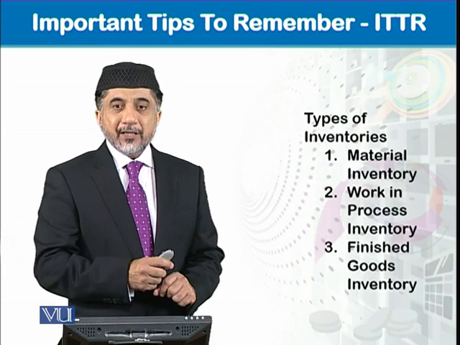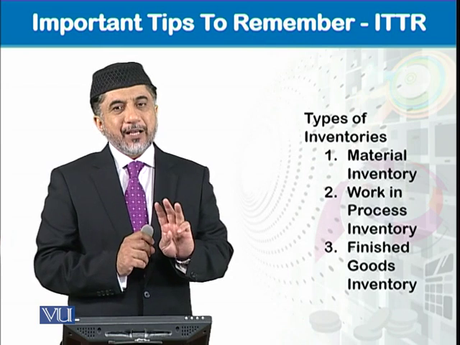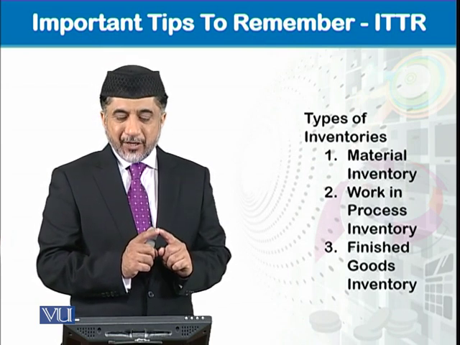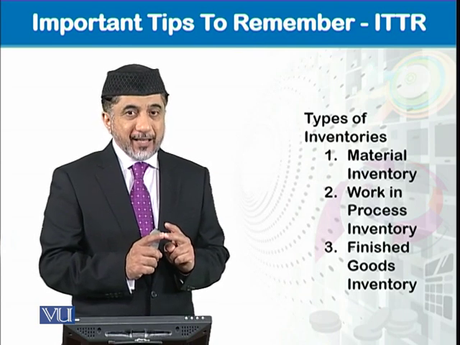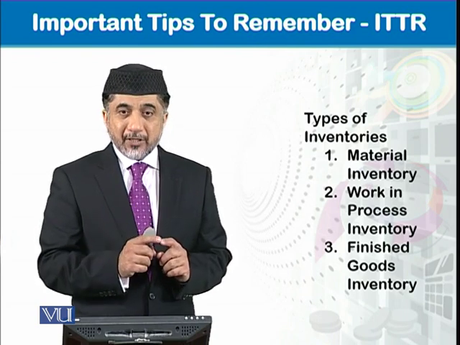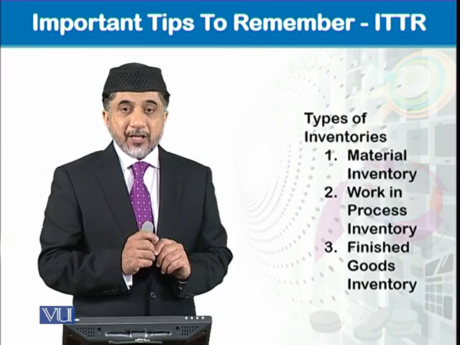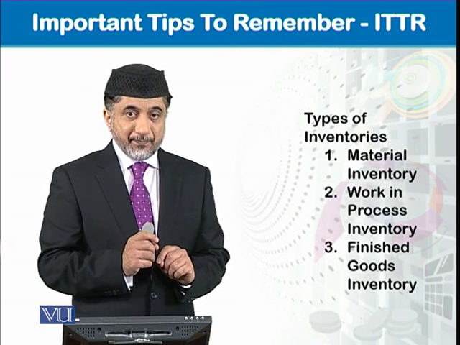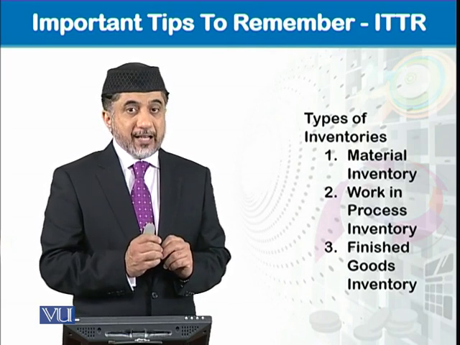The important tips to remember in this module are that we have three types of inventories: material inventory, work in process inventory, and finished goods inventory. One very important thing you should understand is that when we say material inventory, there will be direct material inventory and indirect material inventory as well.